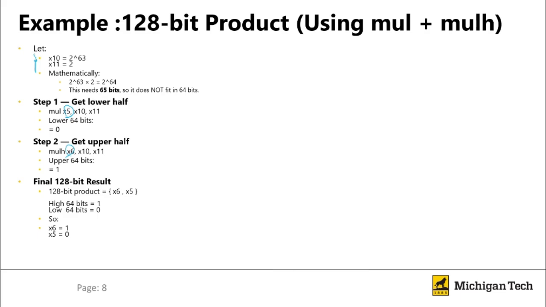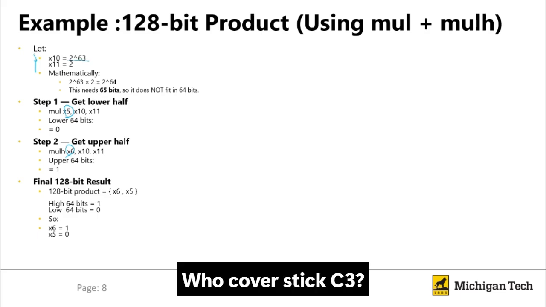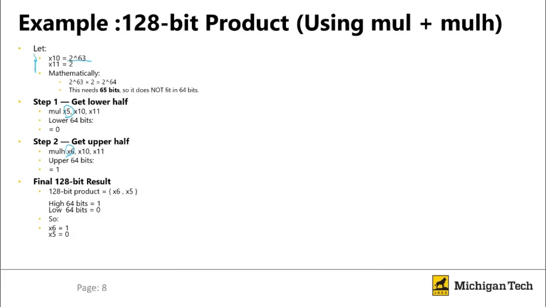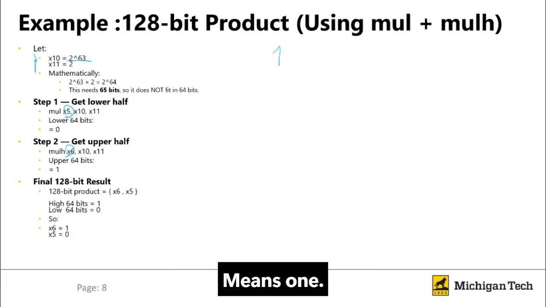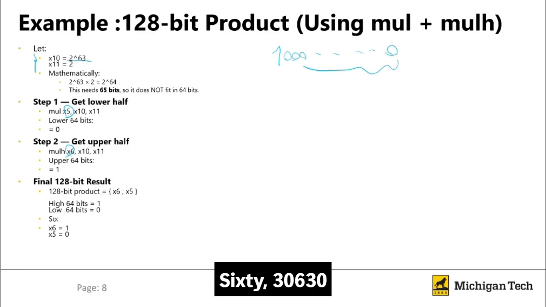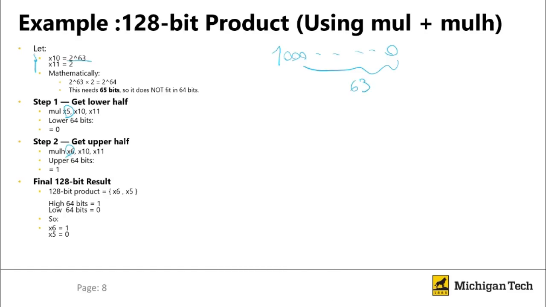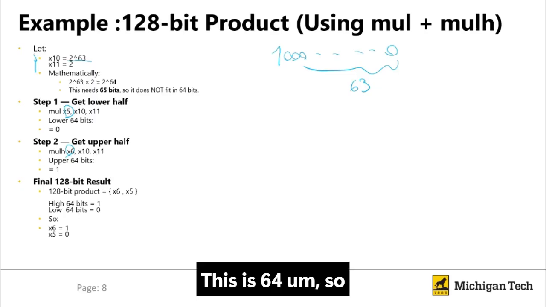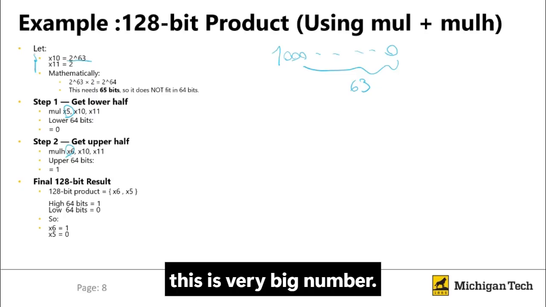First of all, 2 to the power 63 means a 1 followed by 63 zeros. This is 64 bits, so this is a very big number.